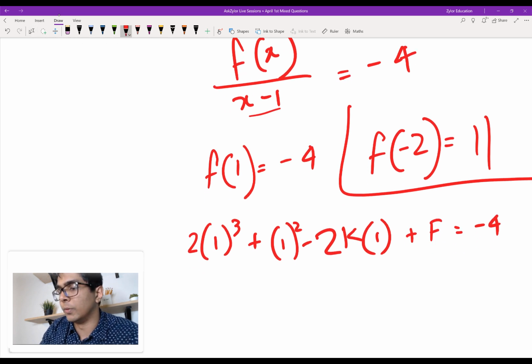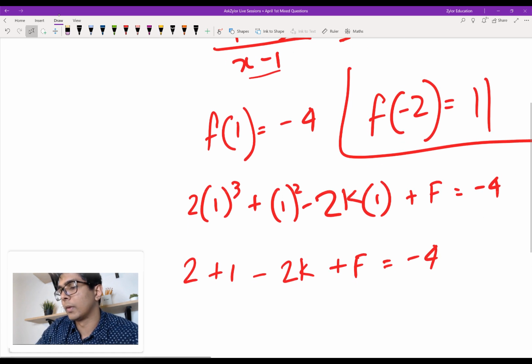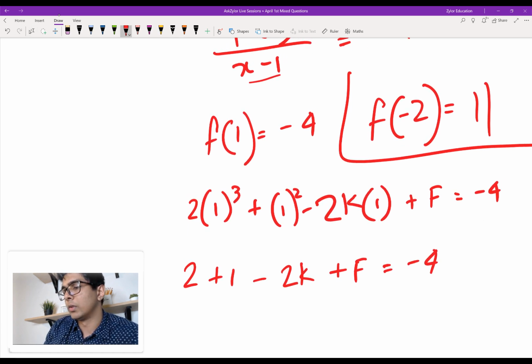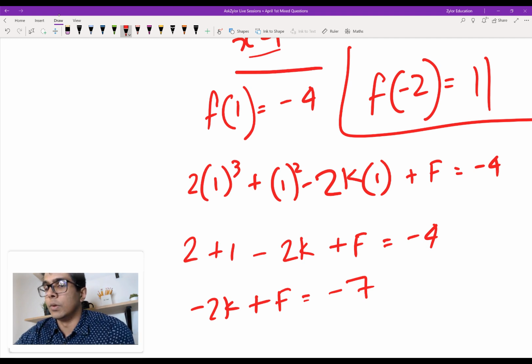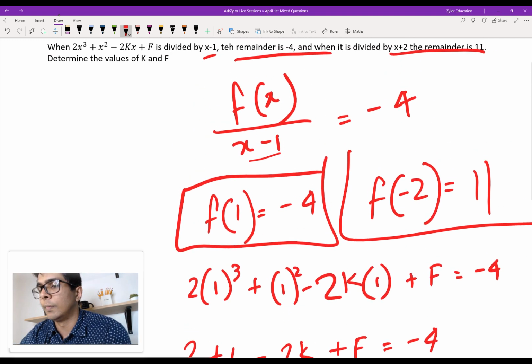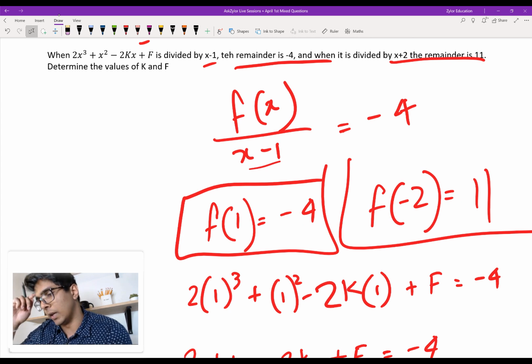So I'm going to simplify this as much as I can to give me 2 plus 1 minus 2k plus f is equal to negative 4. So then I can make this 3. I'll bring the 3 to the other side. So negative 2k plus f is equal to negative 7. So that's one equation, right? Because I used f at 1 is equal to negative 4, using the remainder theorem. But I also have another one, which is f at negative 2 is equal to 11.